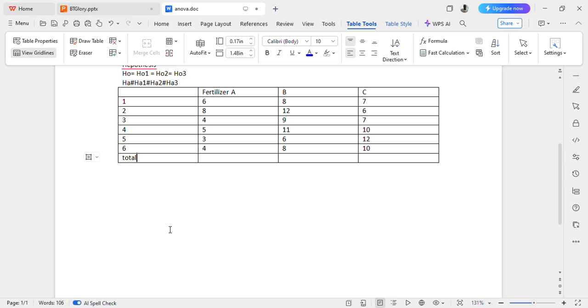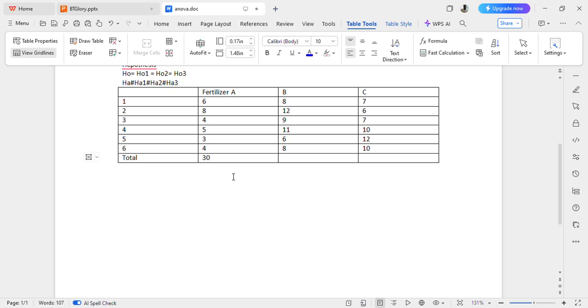Can we get the total for all of these? 6 plus 4 plus 8, let me do the computation using the calculator. 6 plus 4 plus 8 plus 5 plus 3 plus 4. That gives us 30. So we get the total for all, and then we do the mean.